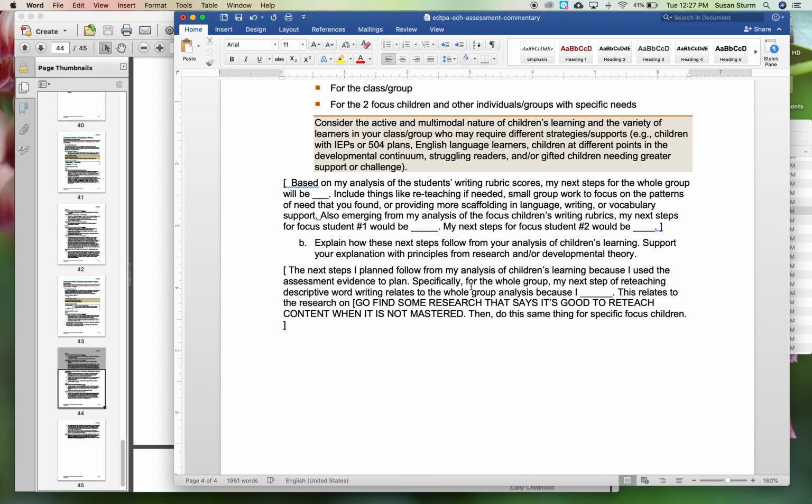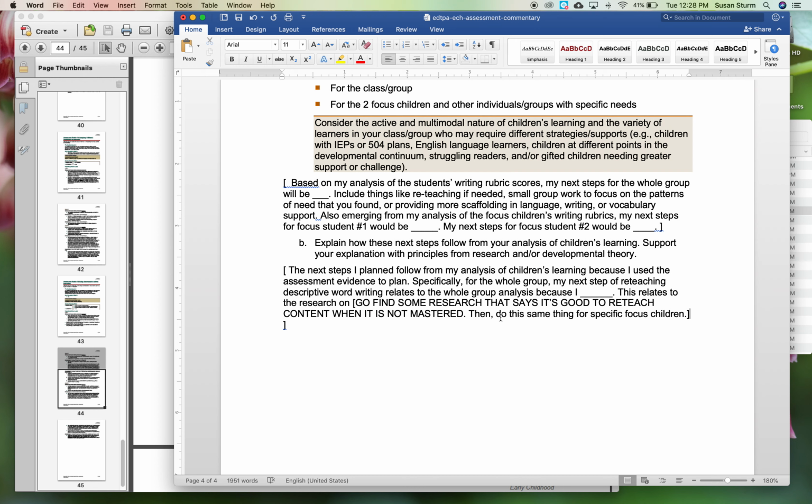So the next steps I planned follow from my analysis of children's learning because, specifically for focus child 1, my next step of blah, blah, blah relates to the research on blah, blah, blah. For focus student 2, my next steps of blah, blah, blah relate to my analysis because of this and relate to the research on blah, blah, blah.